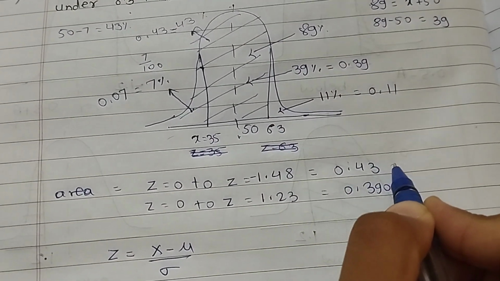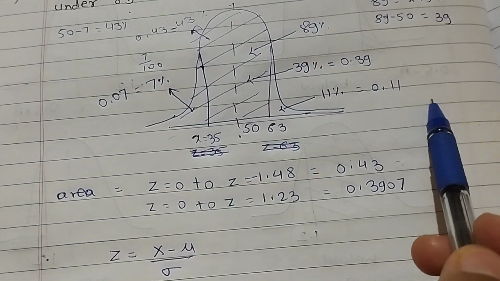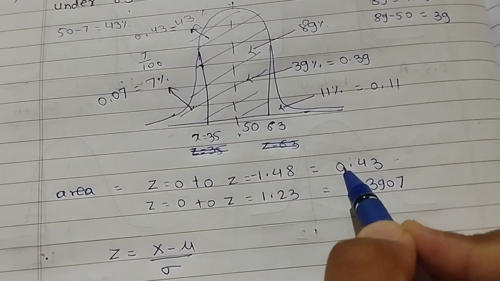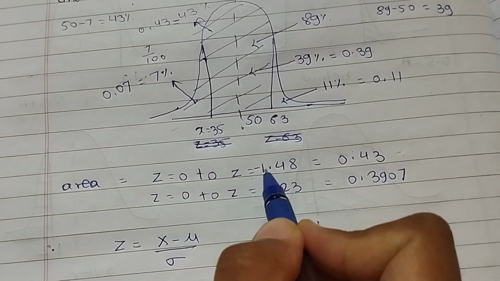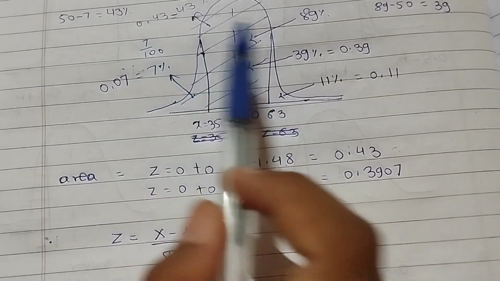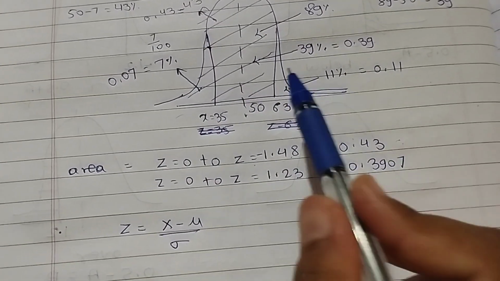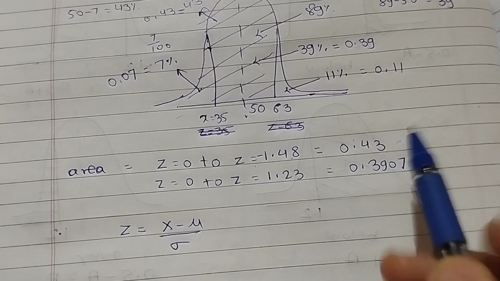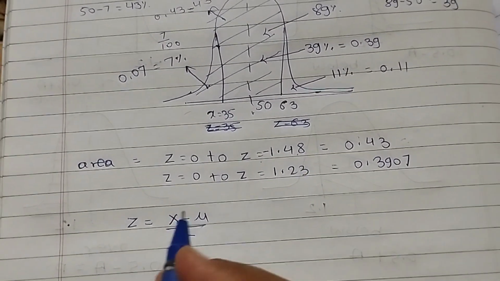So these values are also areas. For the 0.43, the value of Z is minus 1.48. Analyze this value of area and that value of area, and whichever values are similar, put that Z in the calculation.